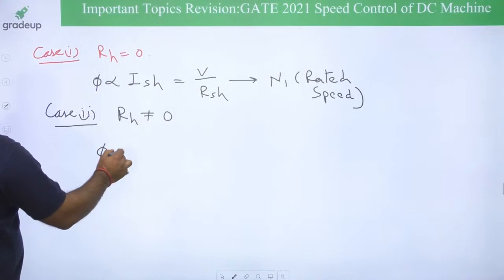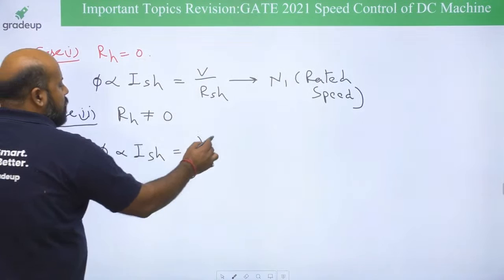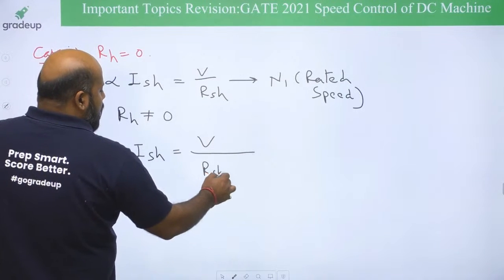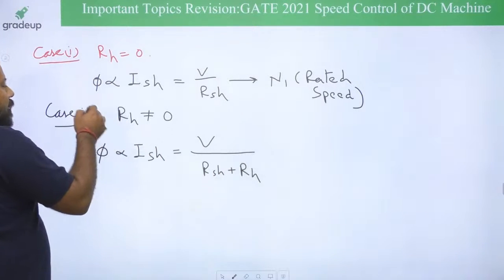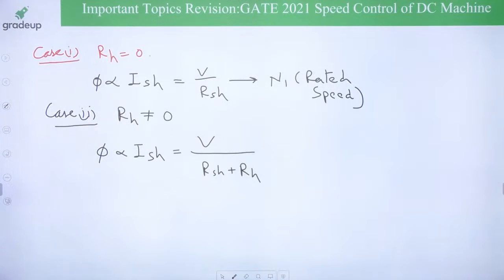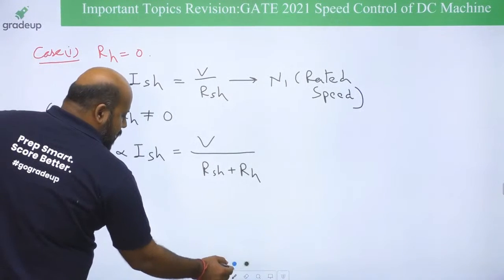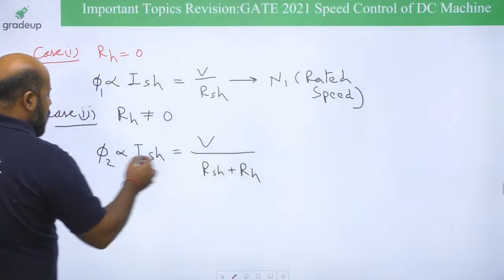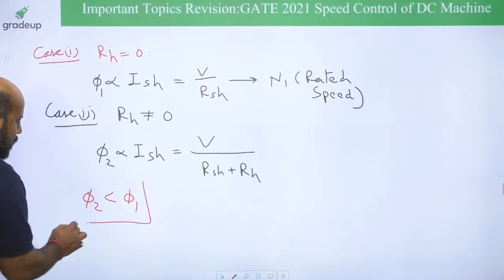Now your flux is again directly proportional to the shunt field current, which is given as V upon RSH plus RH. So definitely you can understand that field flux is going to be reduced. If you are calling this phi 1 and this phi 2, then if this is non-zero, phi 2 is going to be less than phi 1.